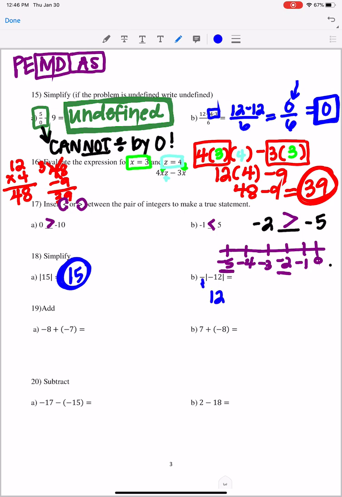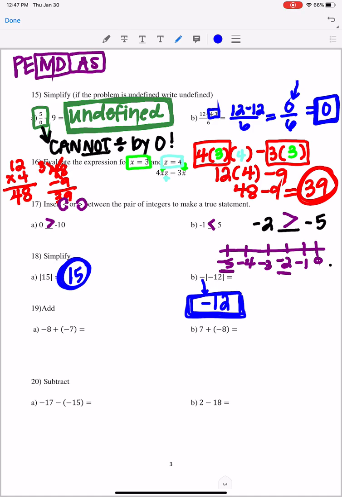But then that negative from the outside needs to come down. So this is negative 12. Okay, if that negative wasn't there, it would just be 12. The absolute value of negative 12 is 12. Because that negative is there, my final answer is negative.